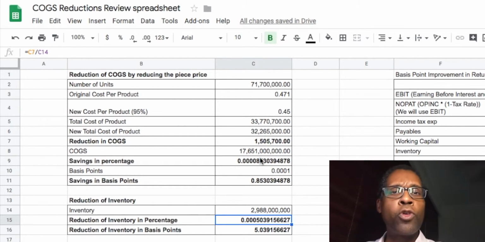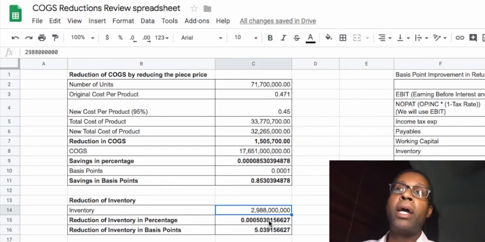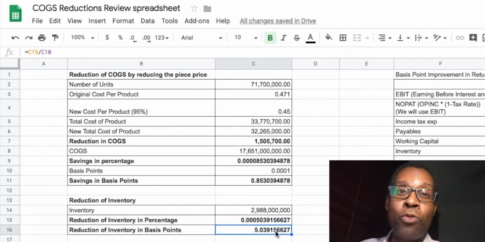So my total inventory costs would be reduced by $1.5 million. And so my overall inventory is going to come down by $1.5 million. That results in an inventory reduction percentage of a very small number again. But here it looks even better. We got a 5 basis point improvement in inventory. Now that sounds really good.